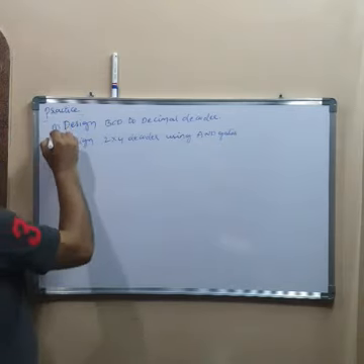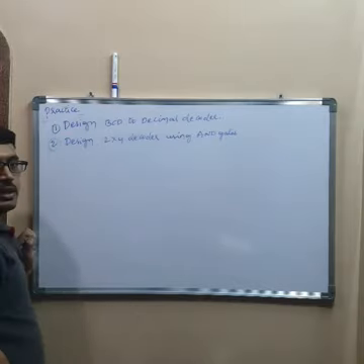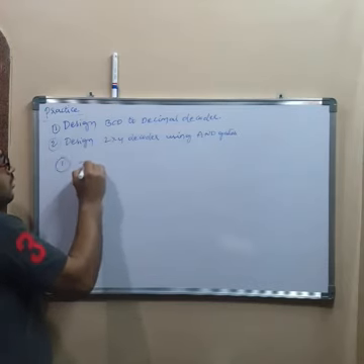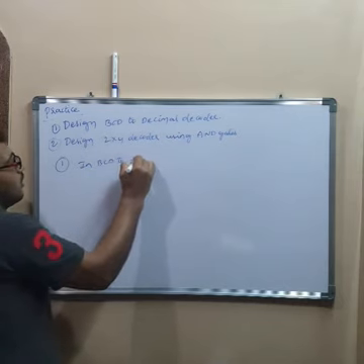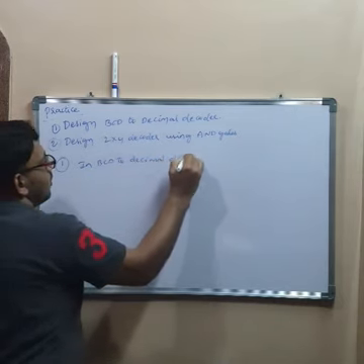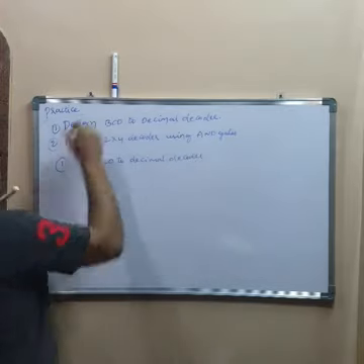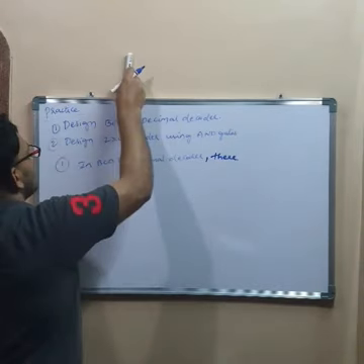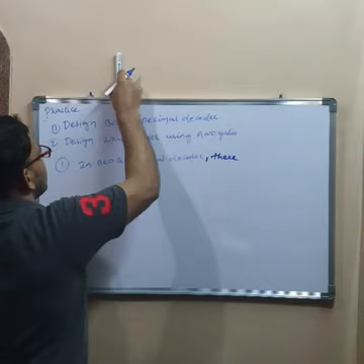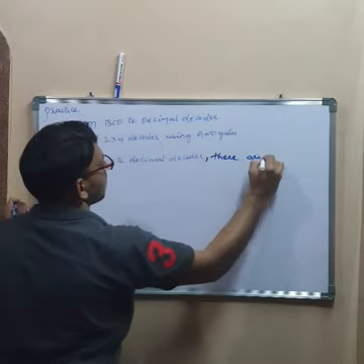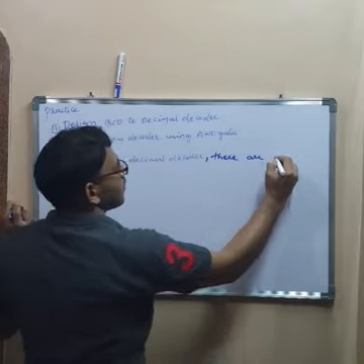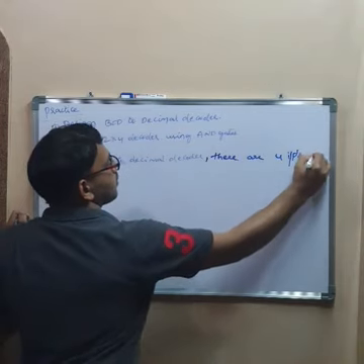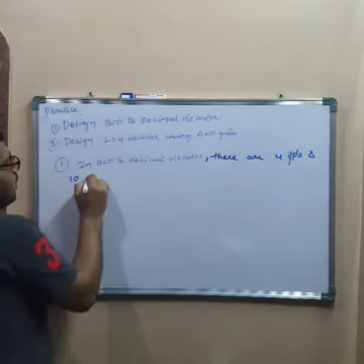So if you look at the first one, how many inputs are there in a BCD to decimal decoder? In a BCD to decimal decoder, there are 4 inputs and 10 outputs.